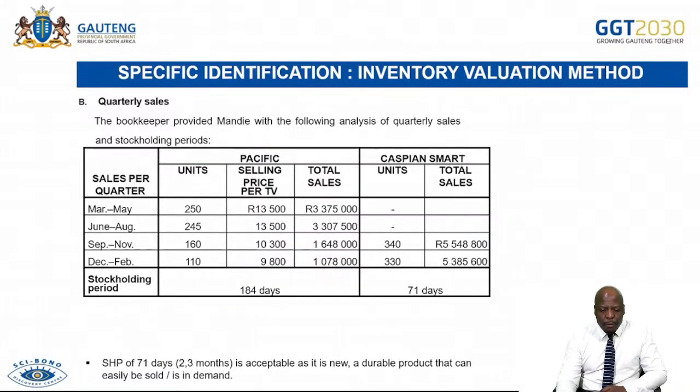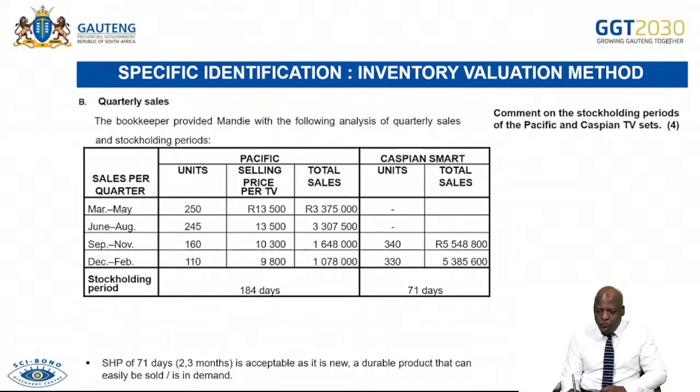Okay, I'm going to move on now to the next question, which says, comment on the stock holding periods of the Pacific and the Caspian TV sets. Remember, we calculated. Here we have 184 days and here it's 71 days. These ones were given.